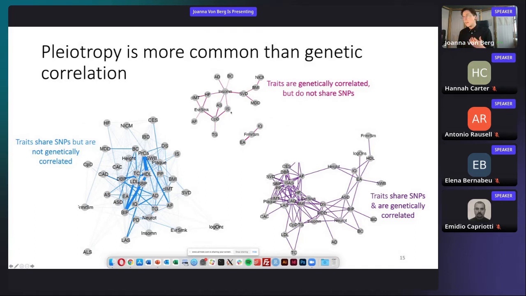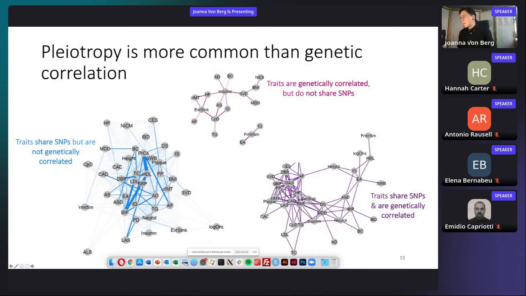Here in pink on top, we see trait pairs that are genetically correlated but do not share SNPs. And this probably indicates that these traits share a lot of vertically pleiotropic SNPs, where we see associations for one SNP on both traits, but it's only because of the correlation between traits that they are associated to both, and they don't actually have an effect on both traits.